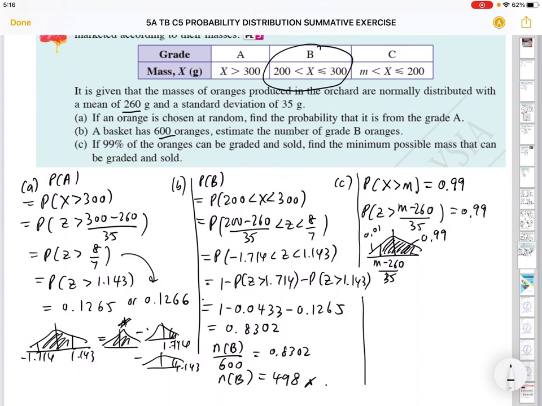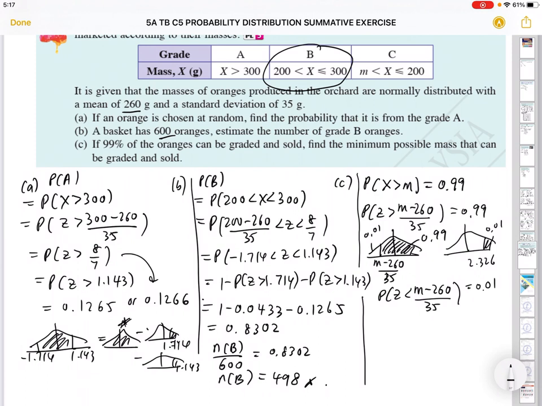The thing is, you need to use your mathematical table and find when this is 0.01, what is your z value. My z value is 2.326. But remember, the mathematical table is based on the right, and this position here is on the left. So you need to put a negative in front of 2.326 because I need to flip this to the left.